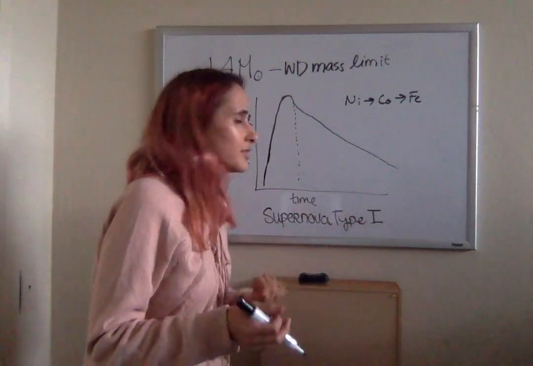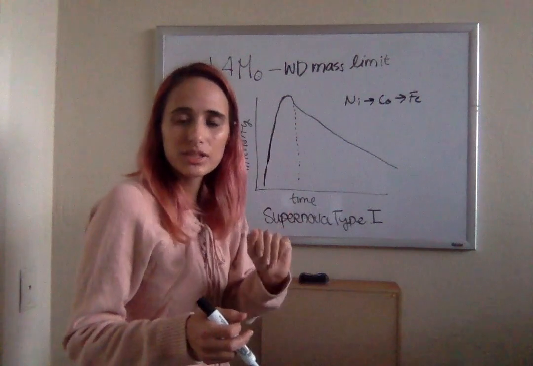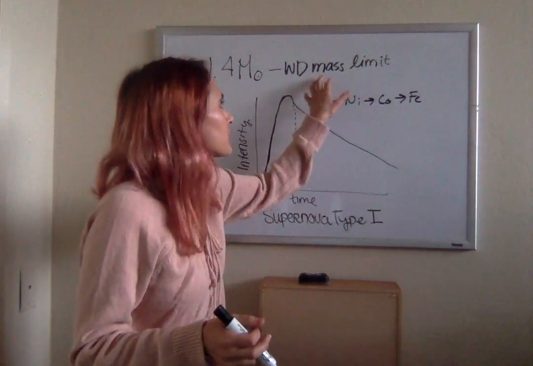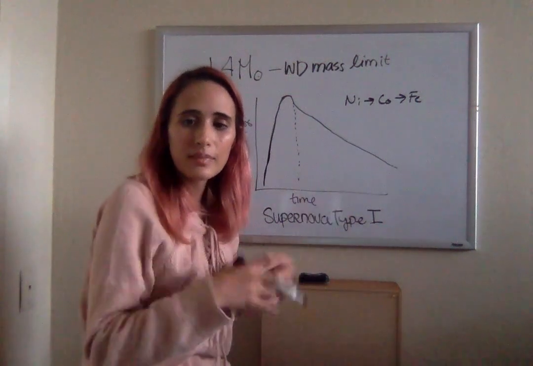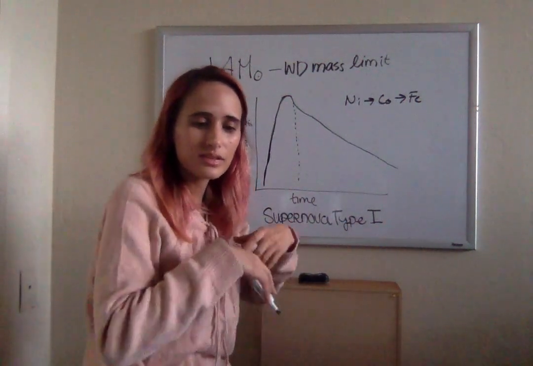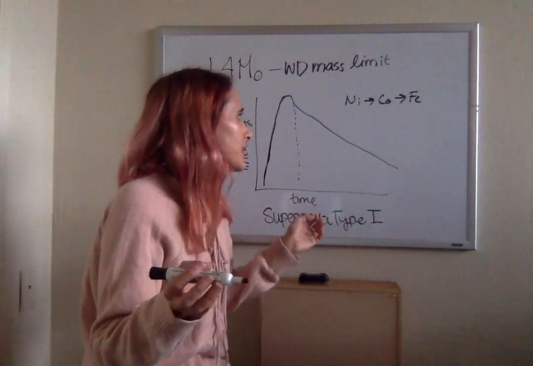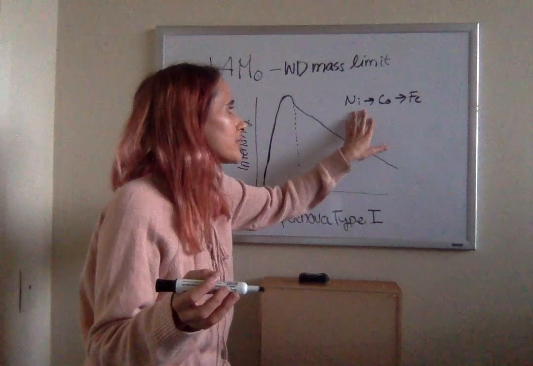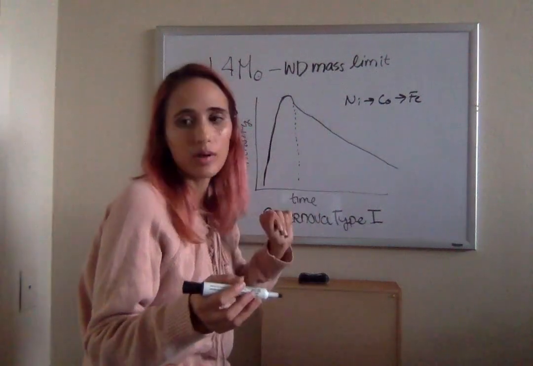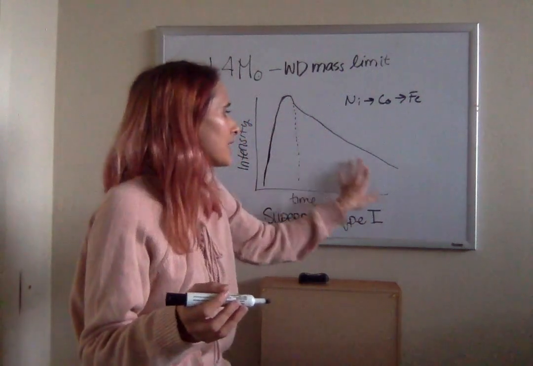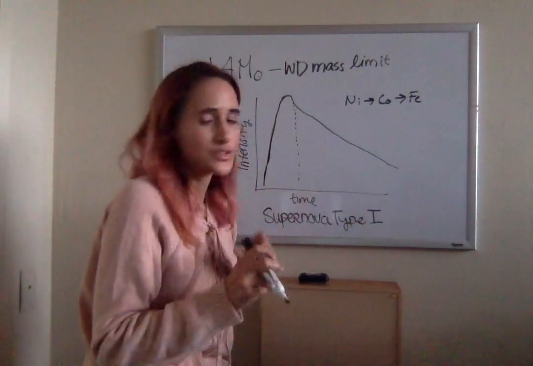So you have mass accreting onto the white dwarf, it gets over this 1.4 solar mass limit, collapses down, heats up, causes these thermonuclear reactions, which create a bunch of fusion, including non-equilibrium reactions that make nickel and cobalt. That nickel and cobalt then decay, and that decay creates this extra tail of energy.